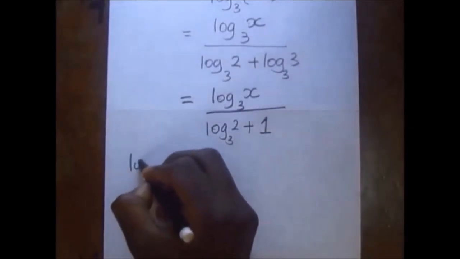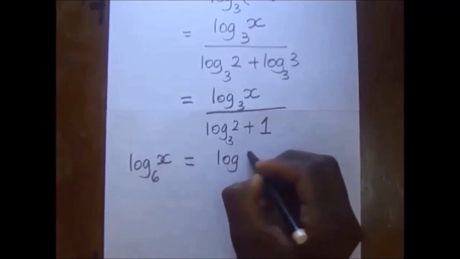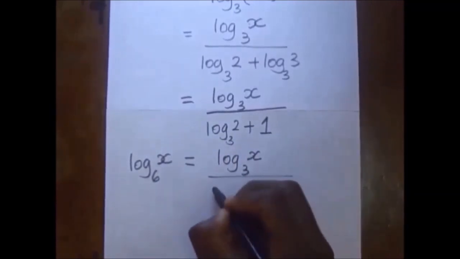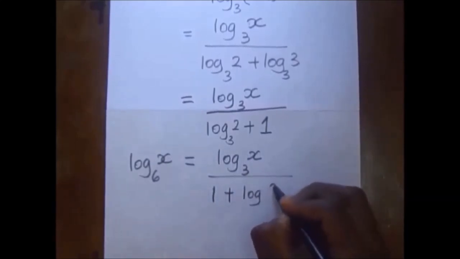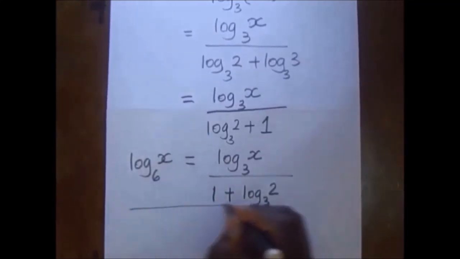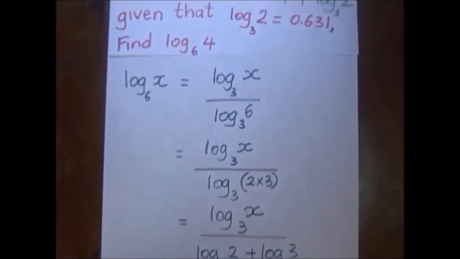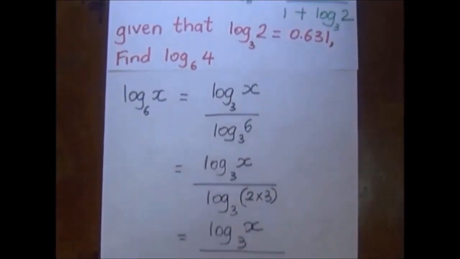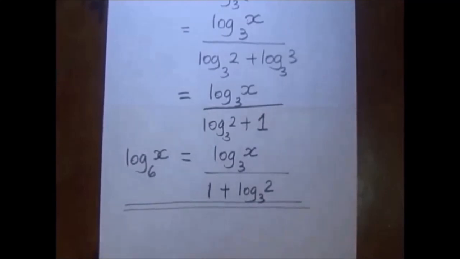Meaning that log of x base 6 is going to be equal to log of x base 3, divided by 1 plus the log of 2 base 3. So we have proven it. That is the answer, because the question was asking us to prove that this is equal to that, and from our calculations as we have gone through, we have finally proven it.